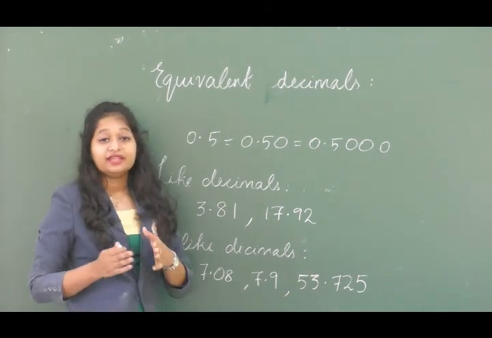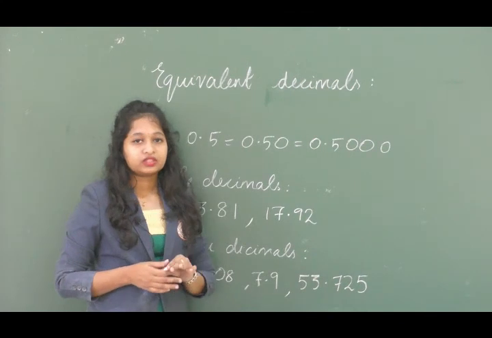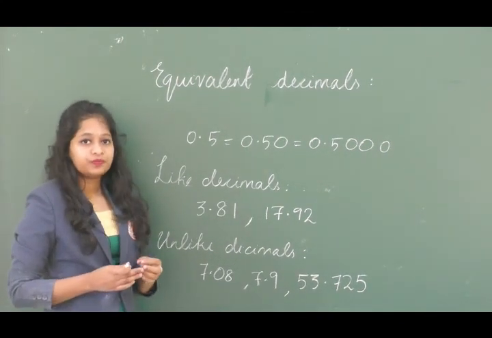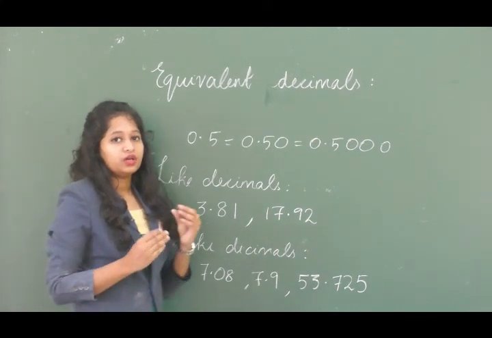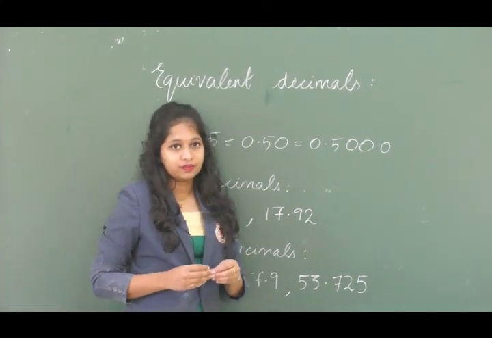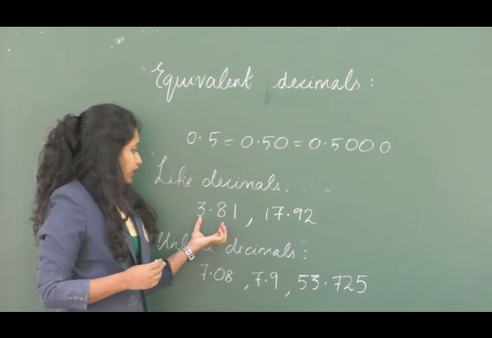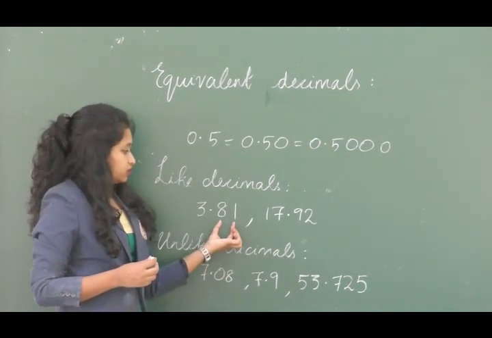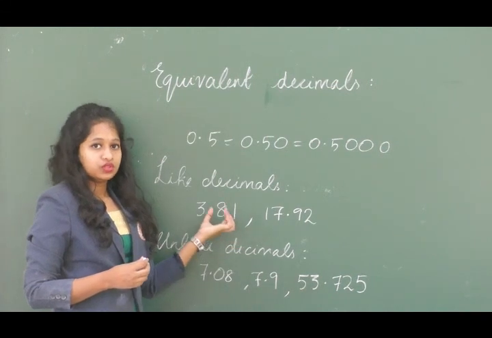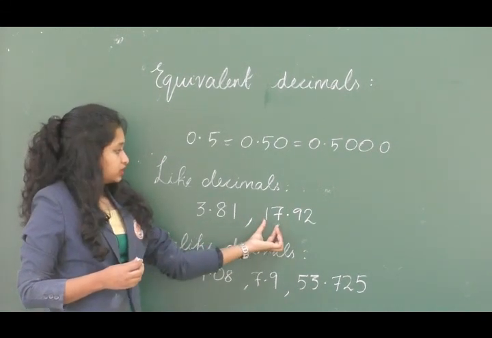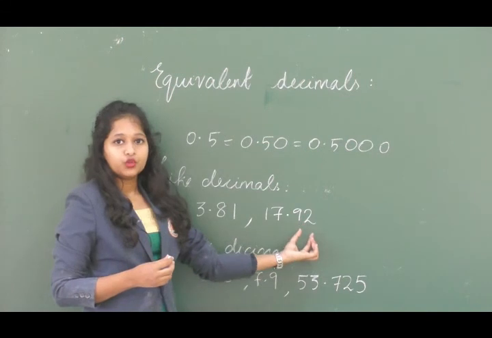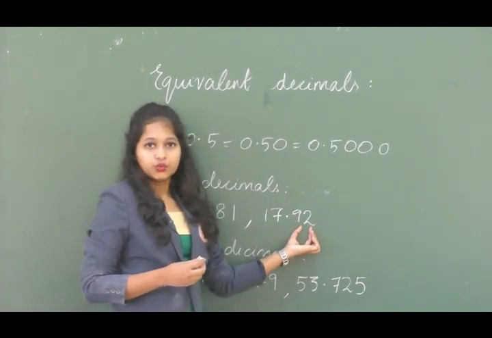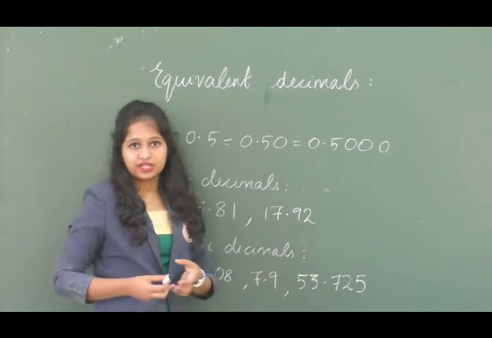What about like decimals? Like decimals are decimals which have an equal number of decimal places. So here I have 3.81. There are 2 digits here. 17.92. After the decimal point, we have 2 decimal places.